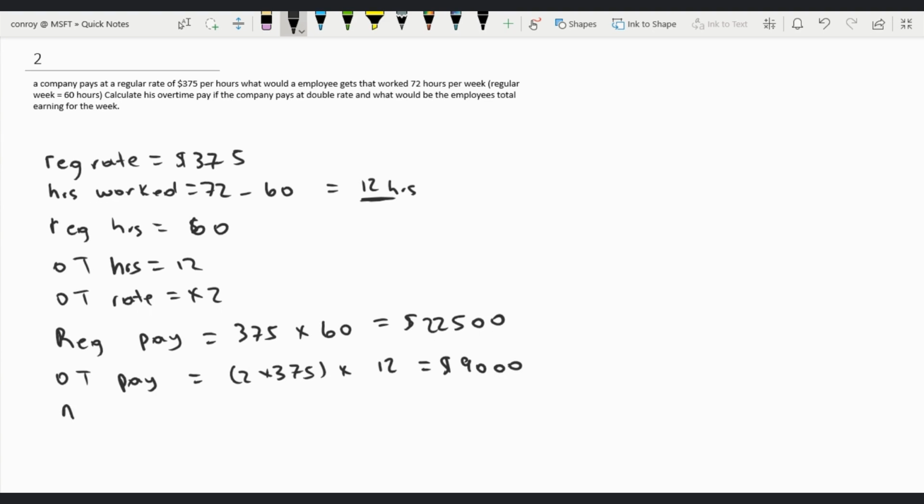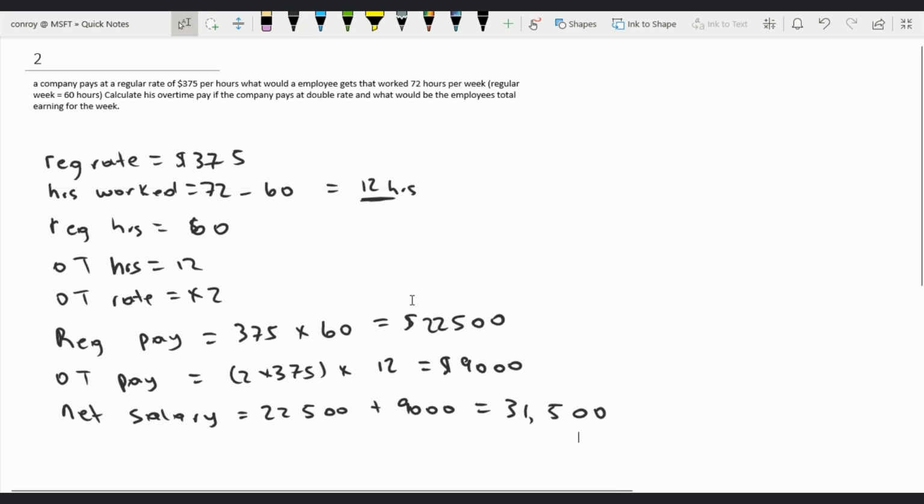So the net salary now is equal to the regular pay, which is 22,500, plus 9,000. That would be equal to 31,500.